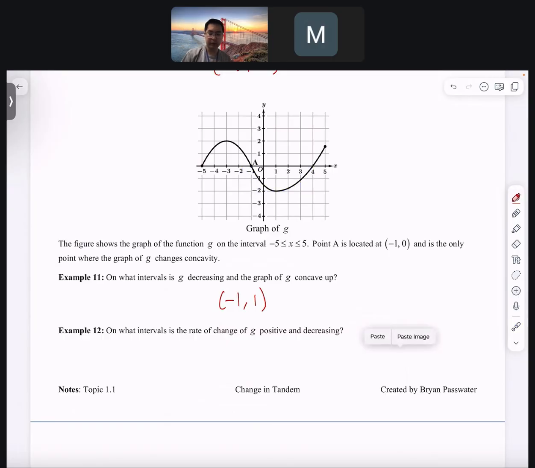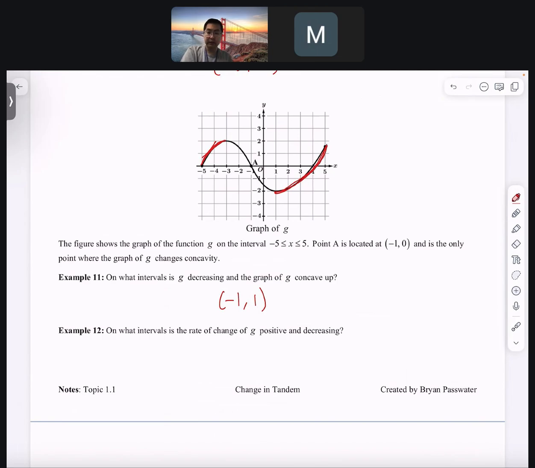And lastly, on what interval is the rate of change of g positive and decreasing? First, the rate of change is positive, right? That means the slopes are positive. So where does that occur? Those occur there, in that region, that's all positive slopes. And from here to here, that's all positive slopes.